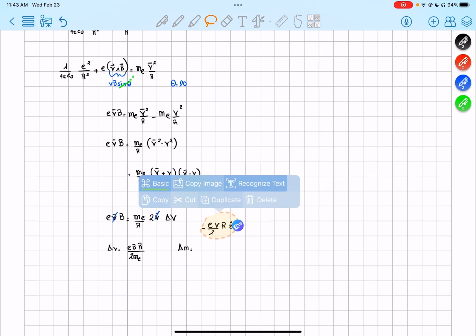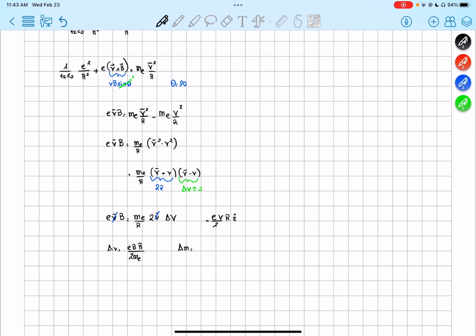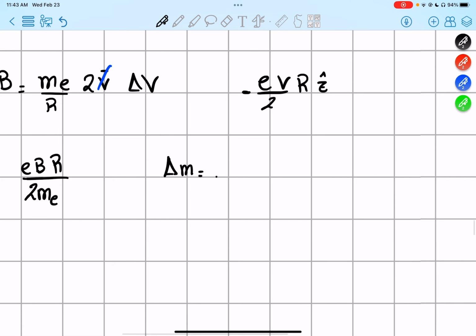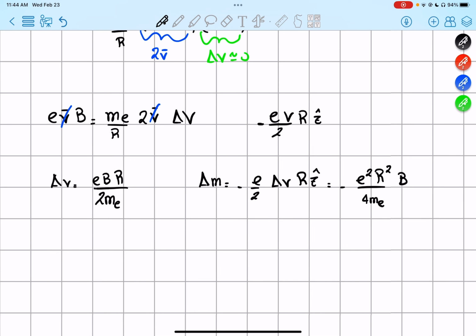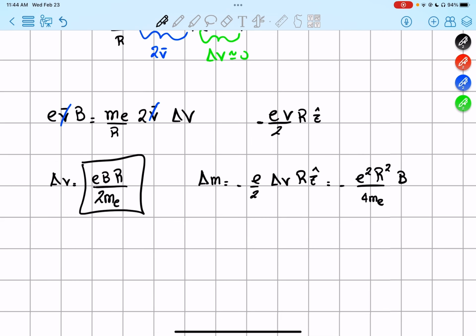So now instead of V, we have to find the delta M, so we're going to use delta V. So negative E over 2 times delta V times R in the Z hat direction. Or we can rewrite this as negative E squared R squared over 4M E times B, if we just go back and plug in this value for delta V, because they're the same thing.